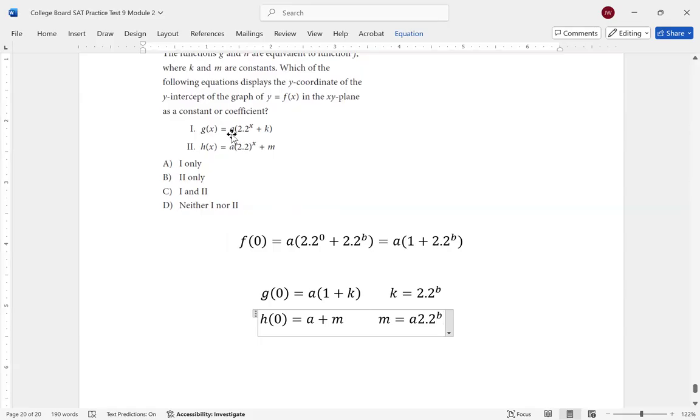So A is not the Y coordinate of the Y intercept. K is not. M is not. So neither of those two functions display what we're asking. And therefore D is the answer. Neither 1 nor 2 will work.